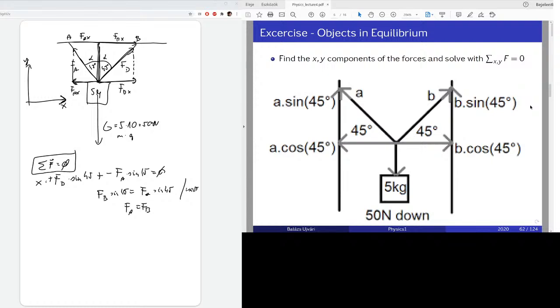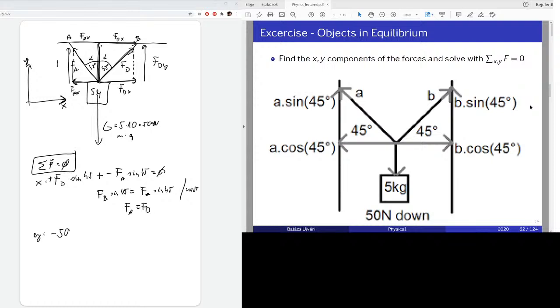Let's check the y. Since y goes upwards, at first we have a minus 50 Newton, which is the weight. And this has to be compensated by the y component of the forces.